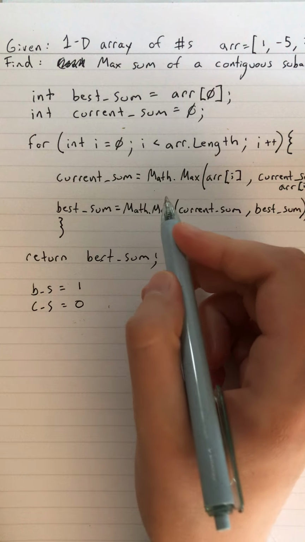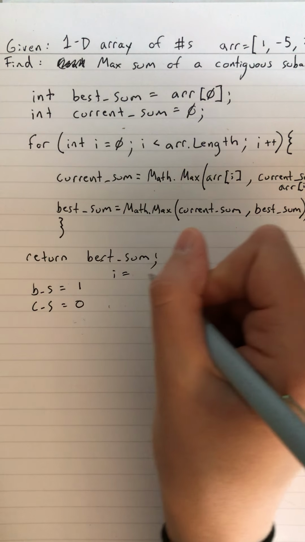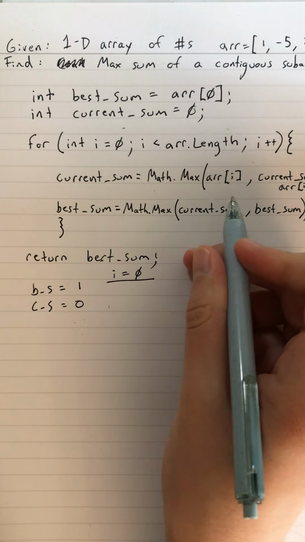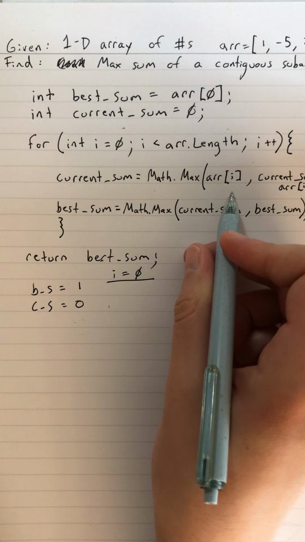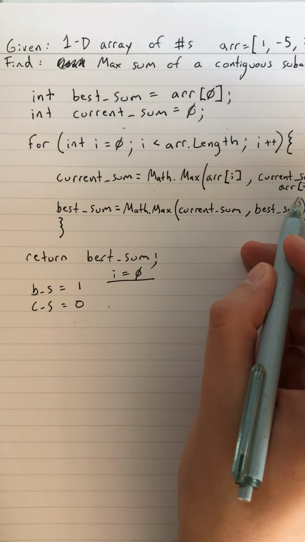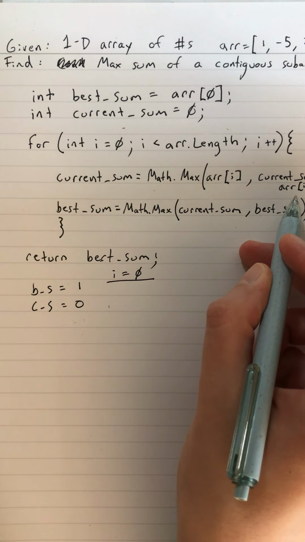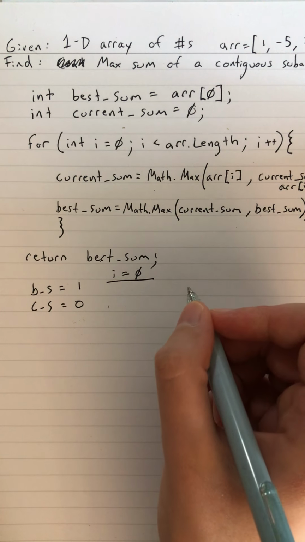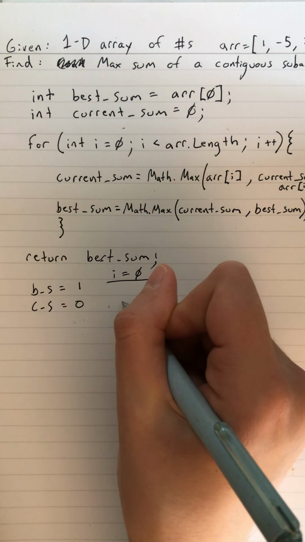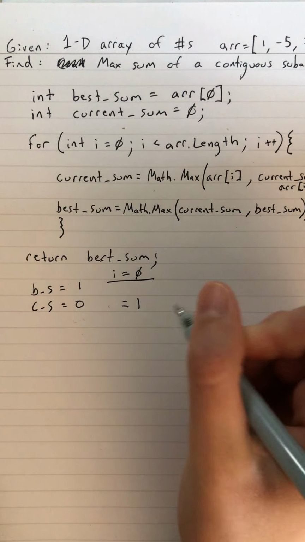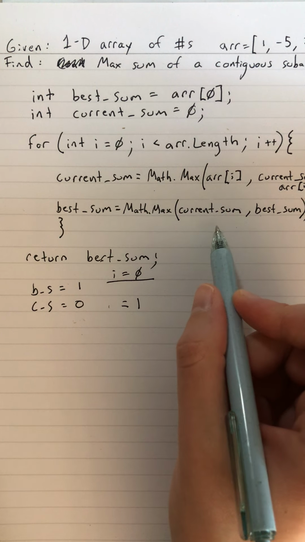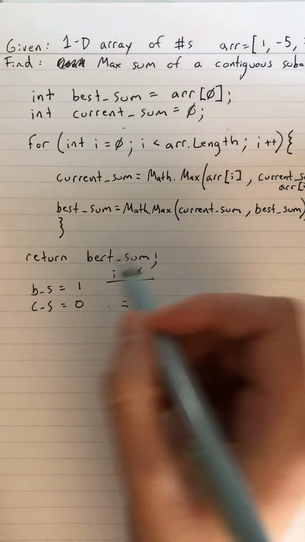We'll iterate for when I equals 0. Current sum will be assigned the max between the ith element, so 1, and 0 plus 1. So because those numbers are the same, current sum is assigned the value 1. Best sum is assigned the max between current sum, which is 1, and best sum, which is also 1.